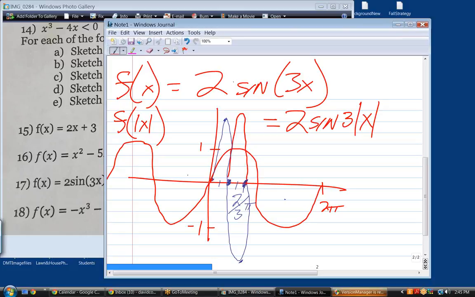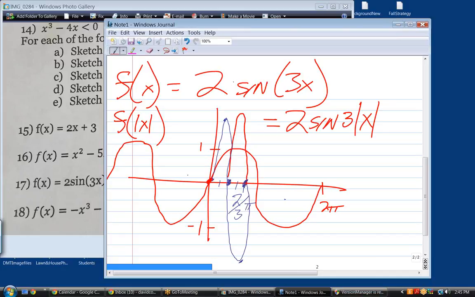I'm going to say that anything to the left of x equals 0, it doesn't change the right side of the curve. Everything from here to the right is no different because the absolute value of x is the same as x.